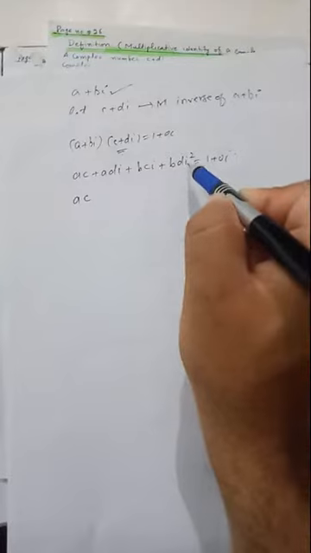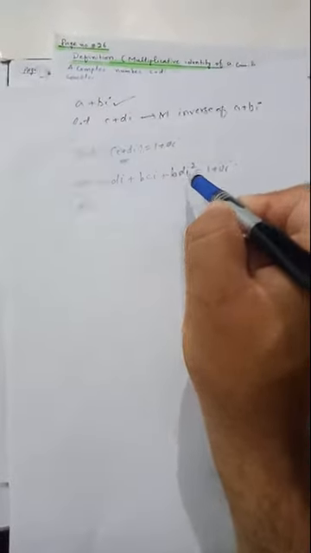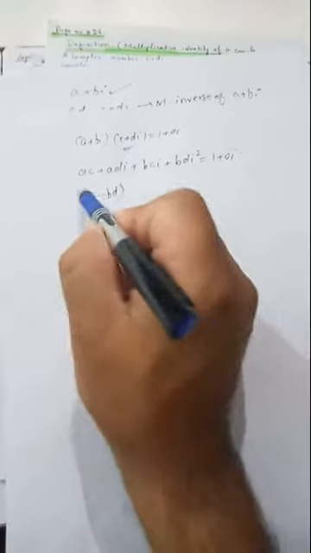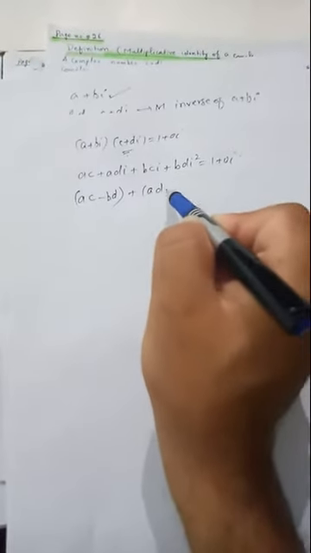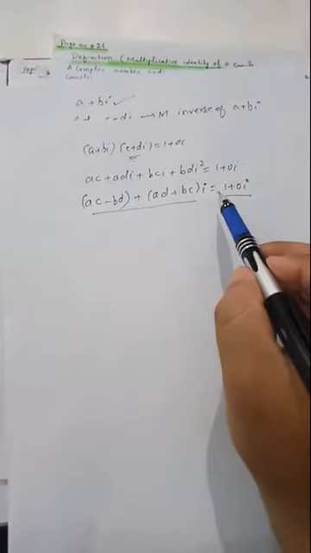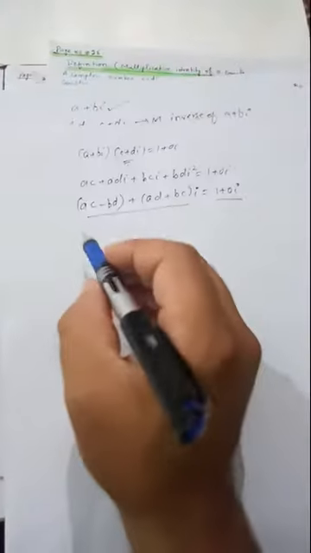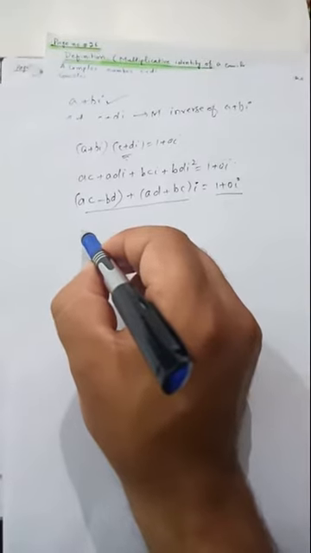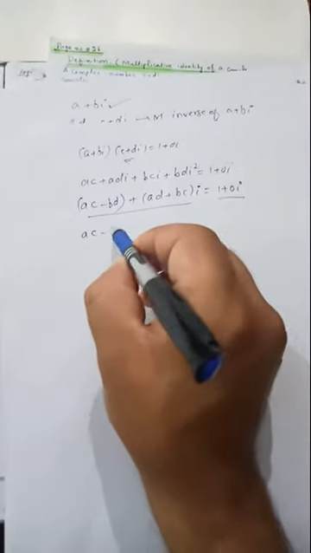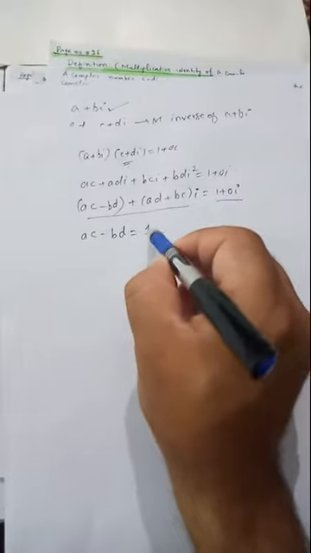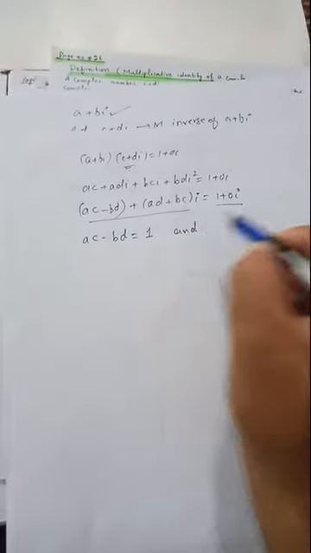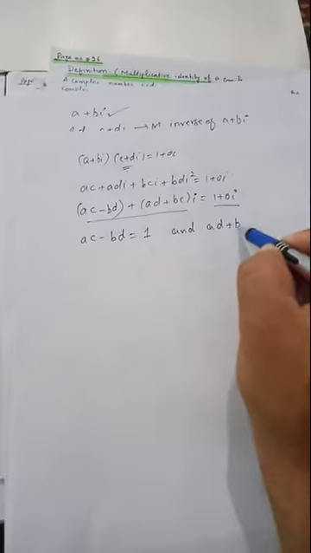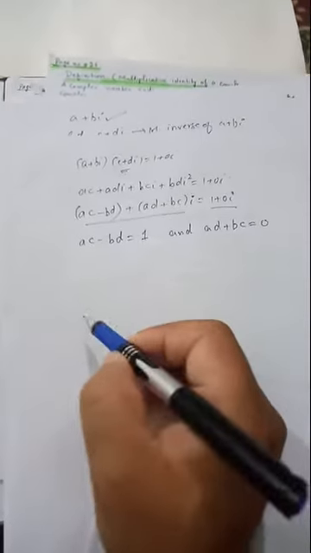Since iota square is minus 1, this is ac minus bd plus (ad plus bc) iota equal to 1 plus 0 iota. This is a complex number, and this is a complex number, so there is an equality between them. According to the definition of equal complex numbers, ac minus bd will be equal to 1 and ad plus bc will be equal to 0.